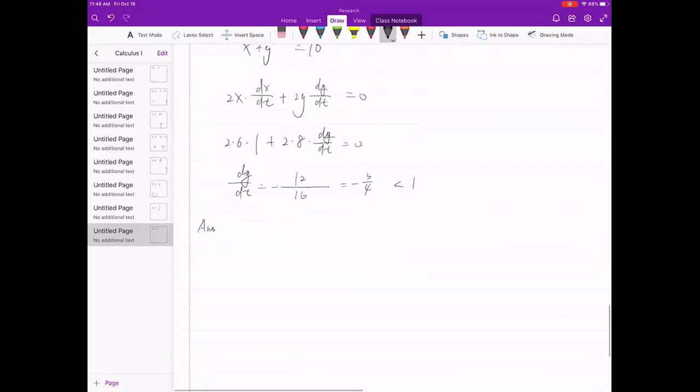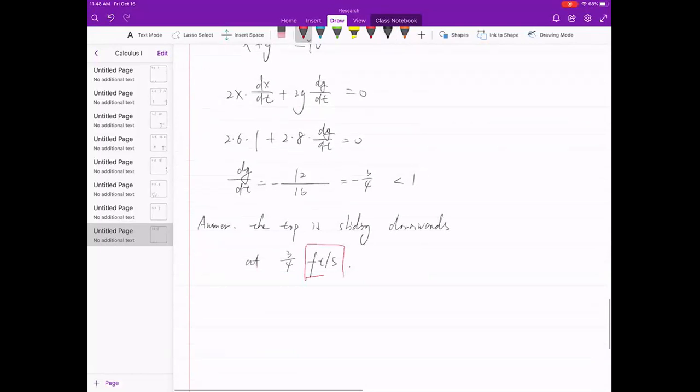Finally, the answer. The top of the ladder is sliding downwards at 3 over 4 feet per second, and I'm actively looking for the units, and you need to tell me it's downwards. That's what this negative means.